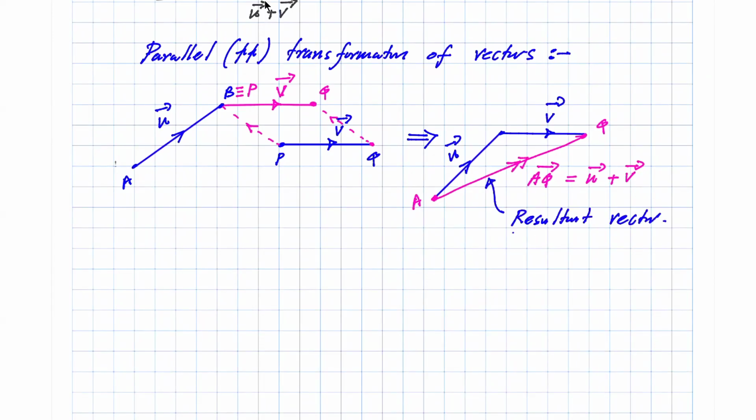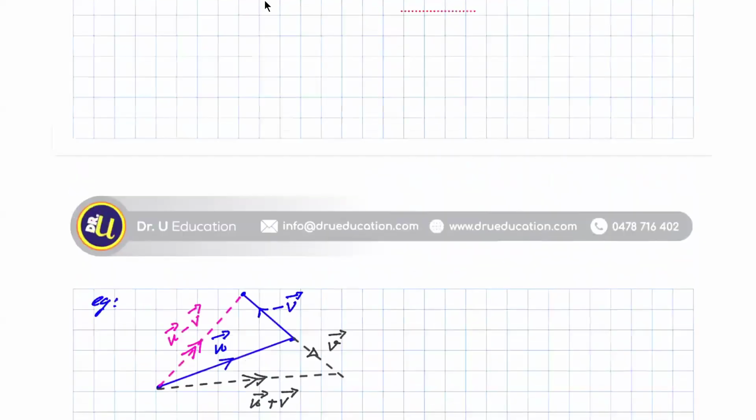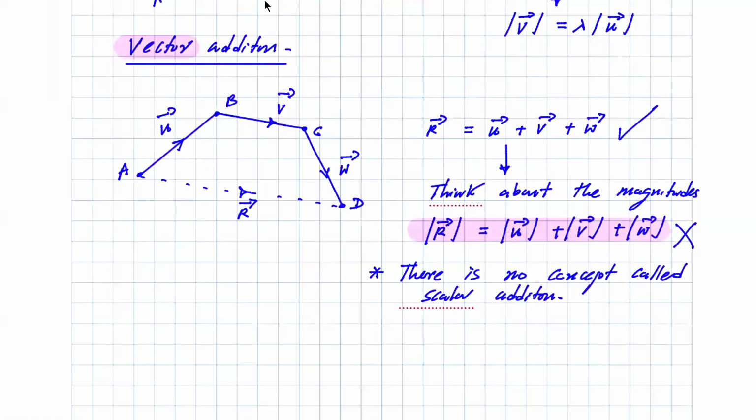You understand from the word resultant. And in here, this vector is a resultant vector. Resultant vector is what you are going to get after vector addition.